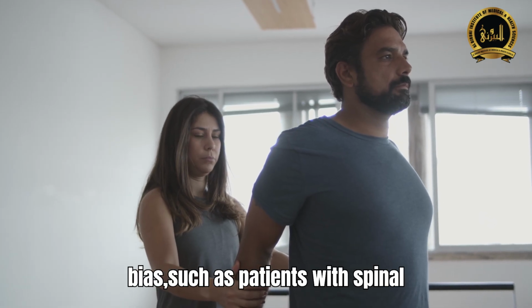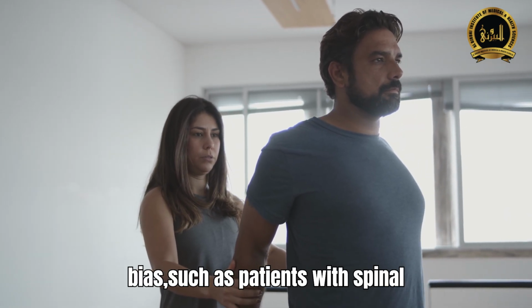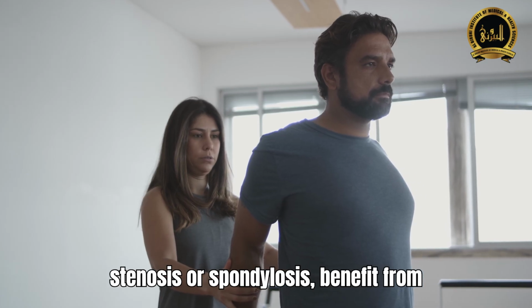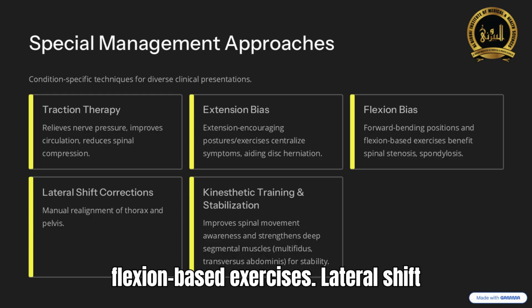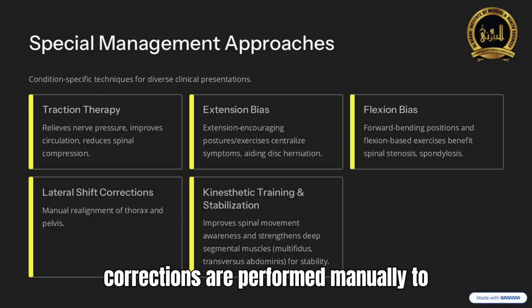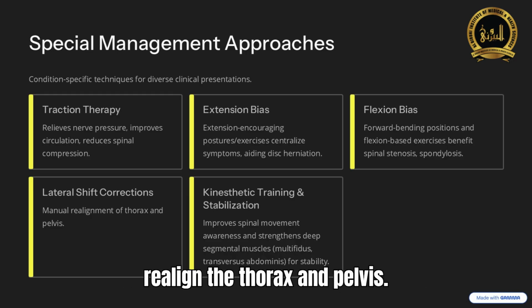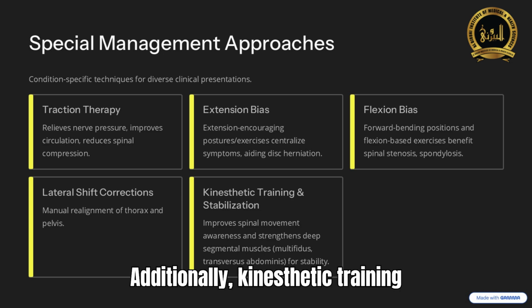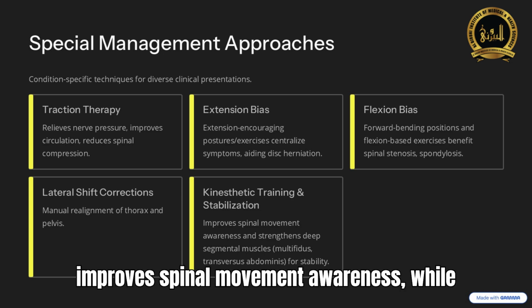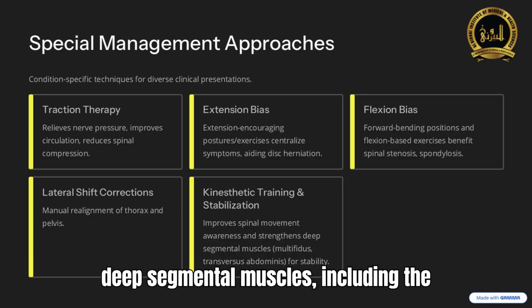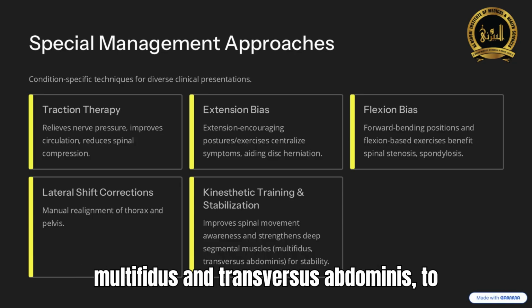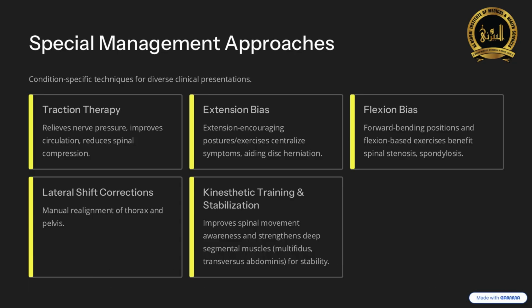Those with a flexion bias, such as patients with spinal stenosis or spondylosis, benefit from forward bending positions and flexion-based exercises. Lateral shift corrections are performed manually to realign the thorax and pelvis. Additionally, kinesthetic training improves spinal movement awareness, while stabilization programs strengthen the deep segmental muscles, including the multifidus and transversus abdominis, to enhance spinal stability.